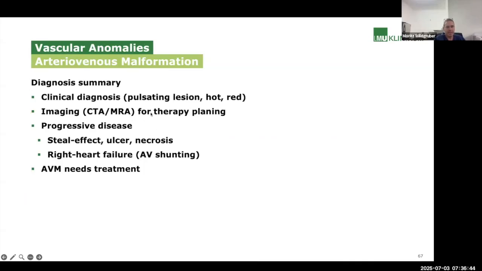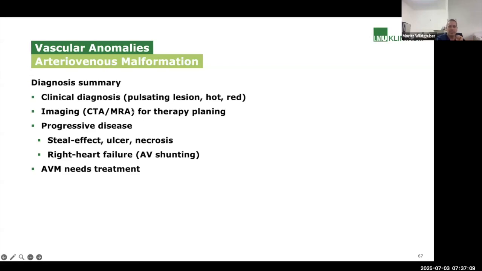So to summarize the AVM story, make sure you distinguish AVMs from venous malformations. I told you this is primarily a clinical diagnosis. Pulsating, yes or no, warm, yes or no, red or blue, and then you have the diagnosis, venous or arterial malformation.